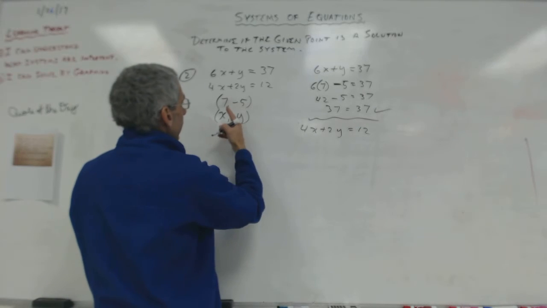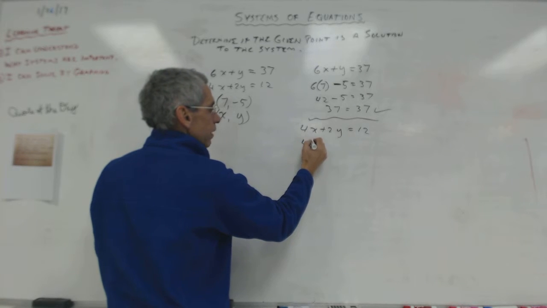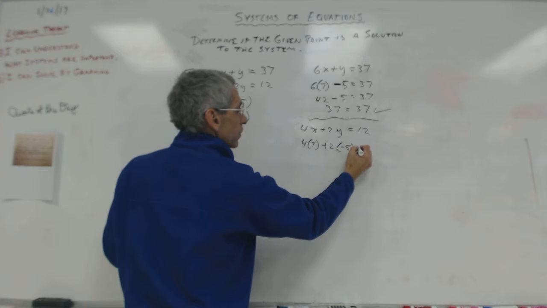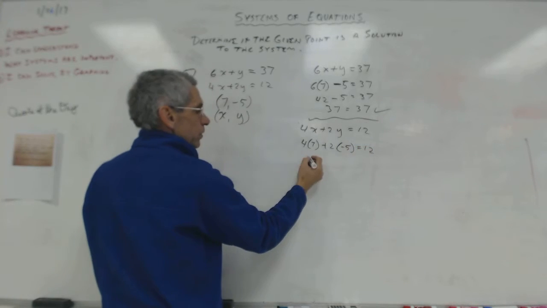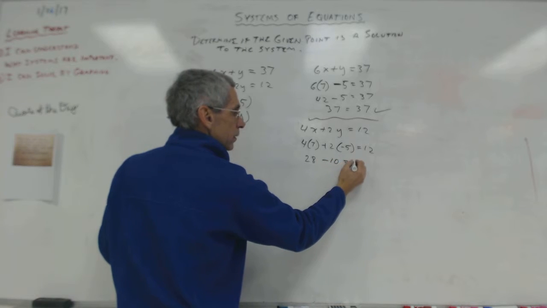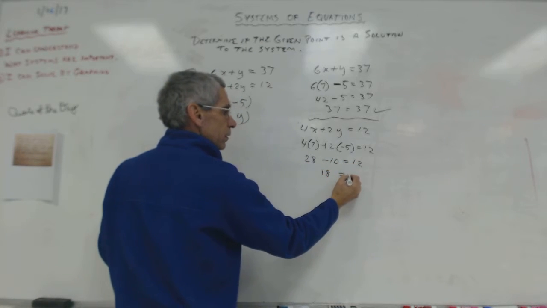And I'm going to say, okay, x is 7. So 4 times 7 plus 2 times negative 5 is equal to 12. 4 times 7 is 28, minus 10 is equal to 12. 28 minus 10 is 18, is equal to 12.